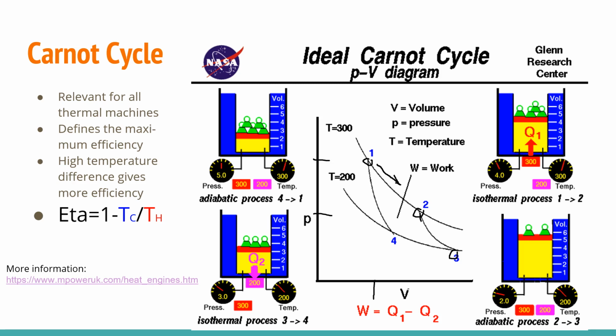So from 300 degrees Celsius to 200 degrees, whatever. And then you go back and reduce the volume again. So the pressure will rise if you reduce the volume, and then you raise the pressure, and then you end up with a higher temperature. So that is more or less the cycle.